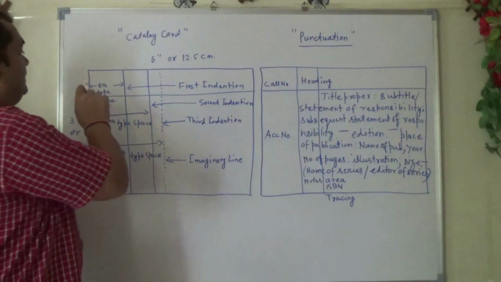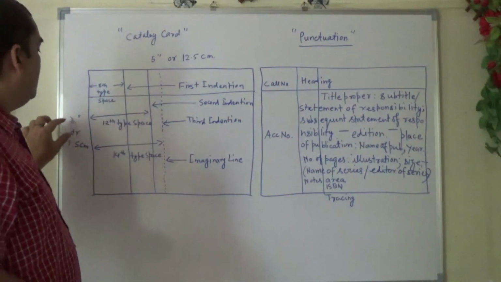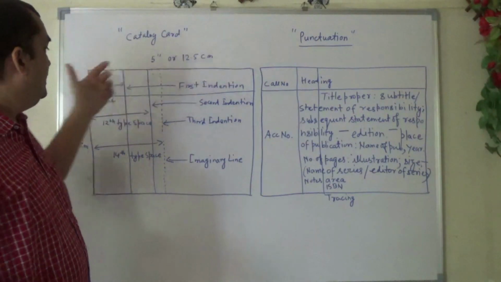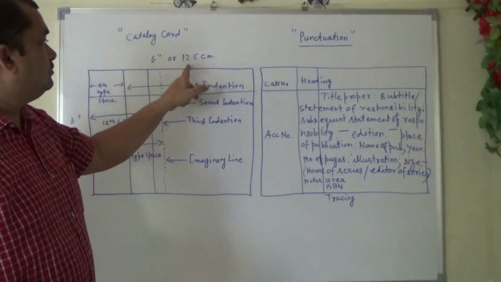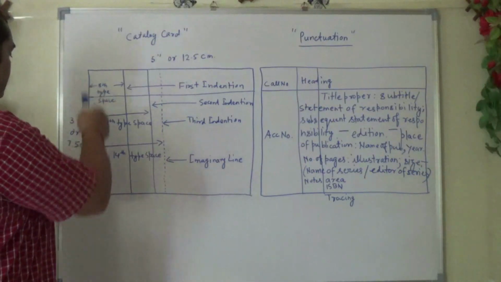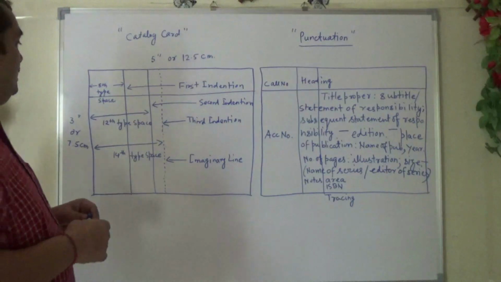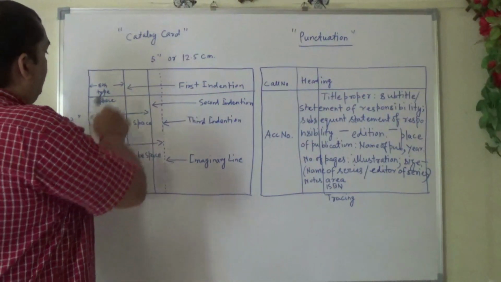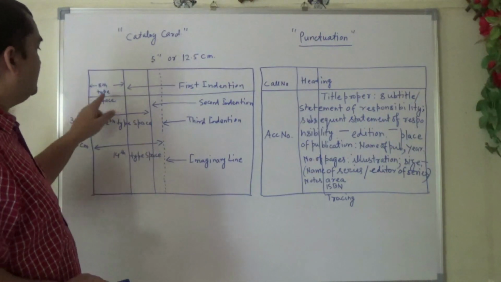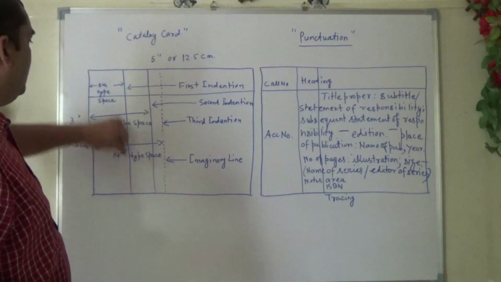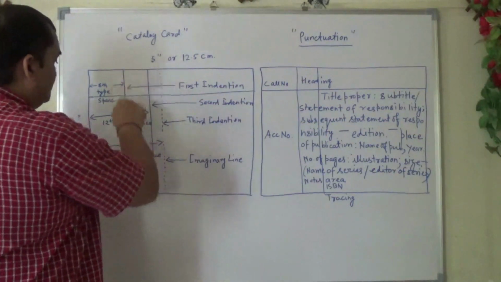You can see that the size of the card used to be generally 5 inch by 3 inch, 5 inch length and 3 inch height. You can convert it to centimeters: 12.5 centimeter, and the height is 7.5 centimeter. From the starting of the card, leaving the 8th typing space, the first indentation used to appear.